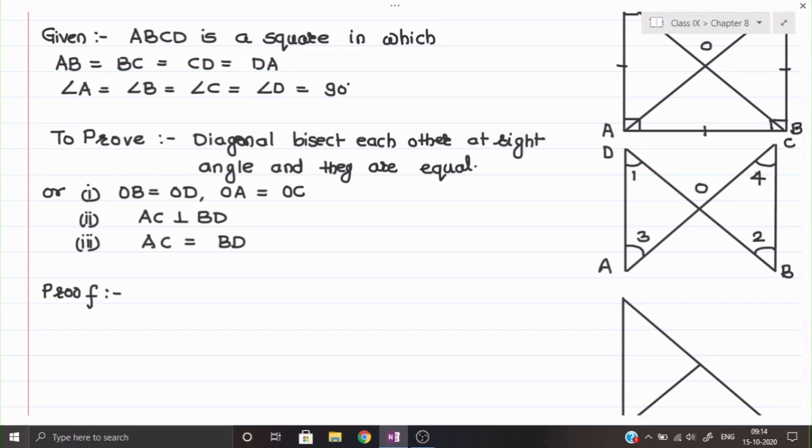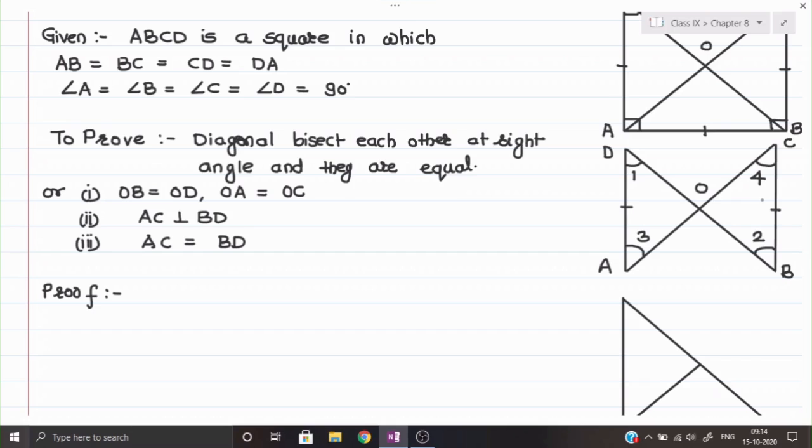So we can say that 3 and 4 are also equal and 1 and 2 are also equal. And since we have given that ABCD is a square, AD and BC are also equal. So with the help of angle side angle, you can check. If I start with angle 1 and go to angle 3, in between that AD and BC comes. So angle side angle property we can apply, and we can say that the triangles are congruent.